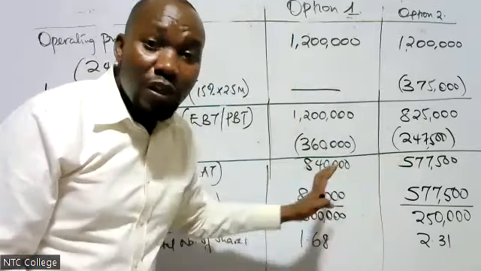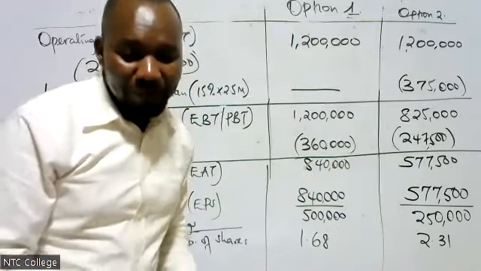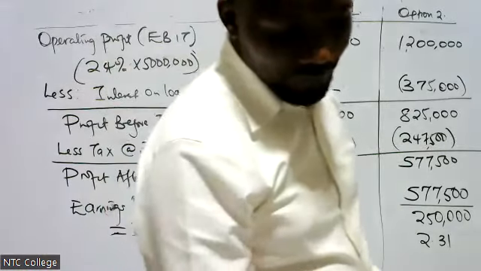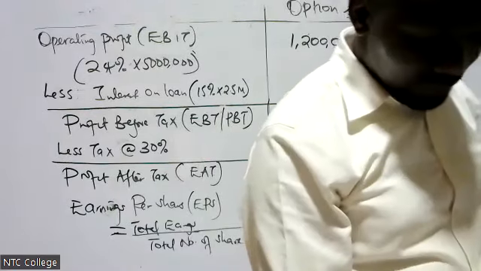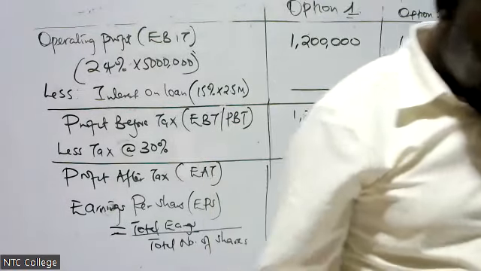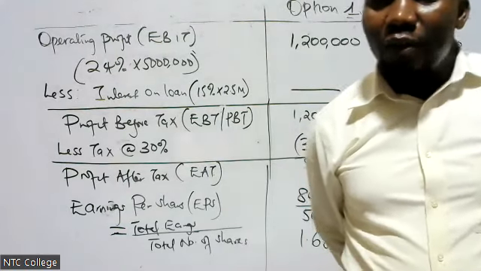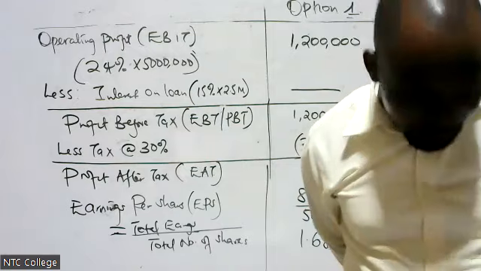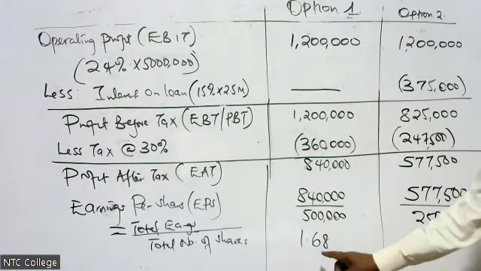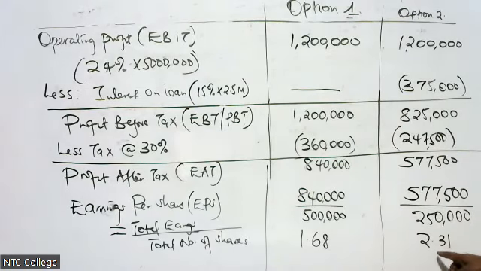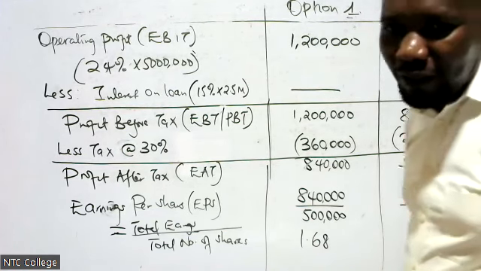Which one do you think you will go for as an investor? Utaendea gani? The one that will give you at the end of the year, the value of your shares will be 1.68 or the value of your shares will be 2.31. Which option? Option number 2.